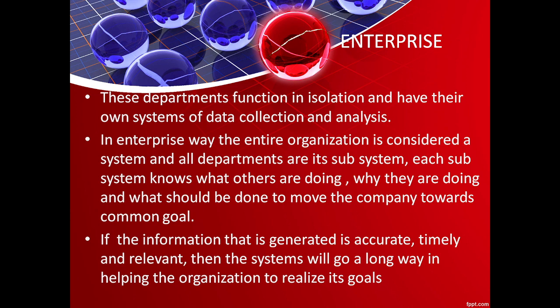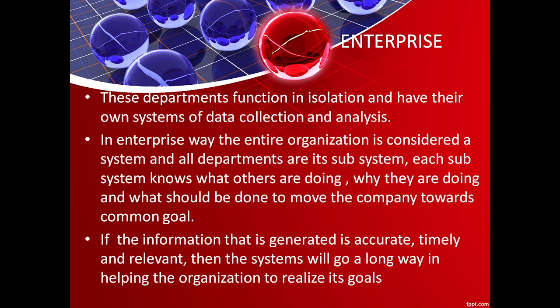totally in coordination with each other so that they can move towards a common goal. If the information that is generated is accurate, timely, relevant, then the systems will go a long way in helping the organization to reap its benefits or realize its goals.